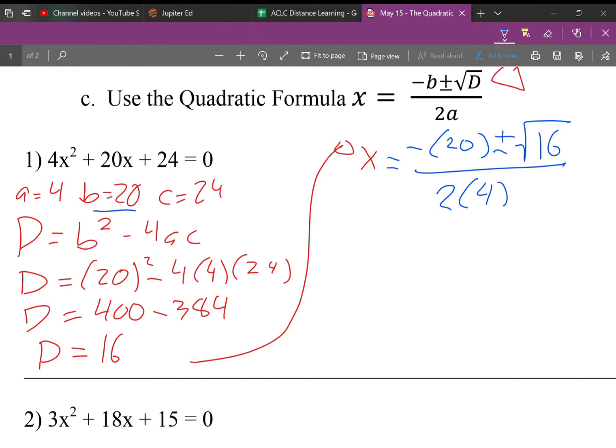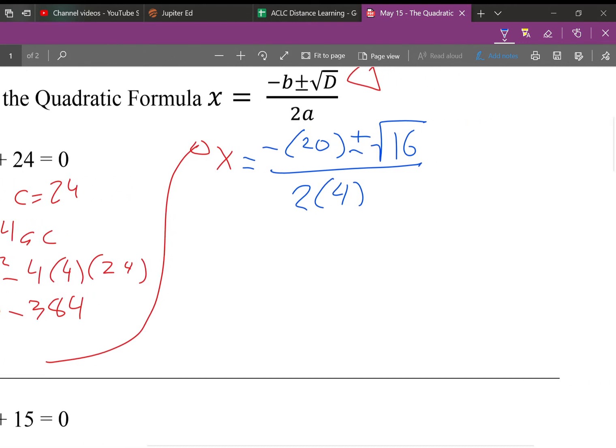Now, there are a lot of things going on here, and we can actually do more than one thing as our next step. So I'm going to do three things, actually. Still x equals, I'm going to turn that negative parenthesis 20 into negative 20. Plus or minus, I know the square root of 16 is 4.